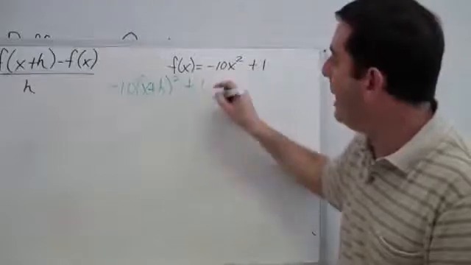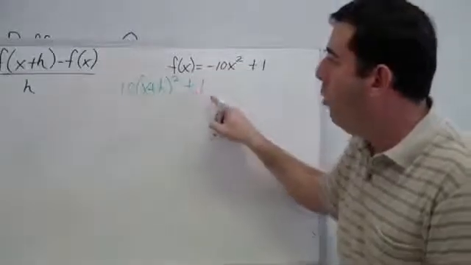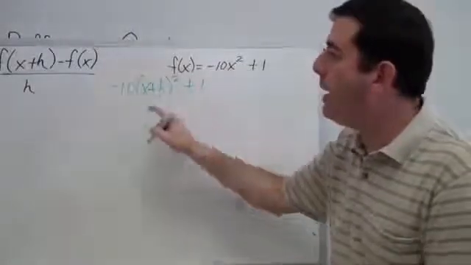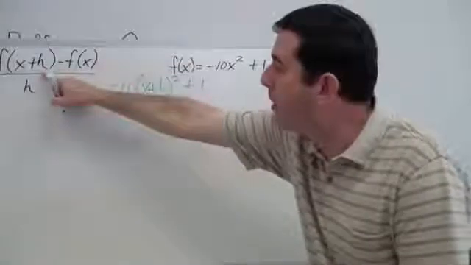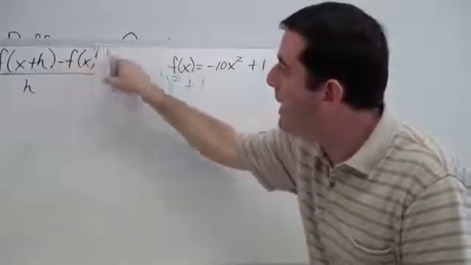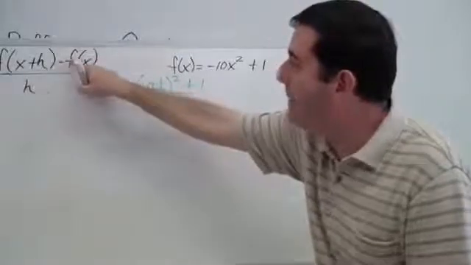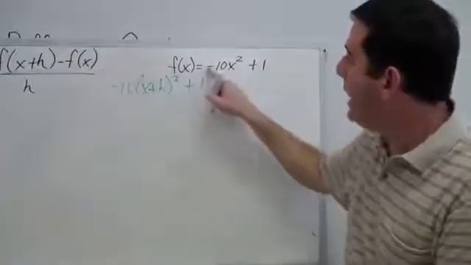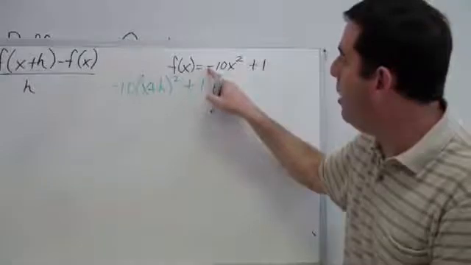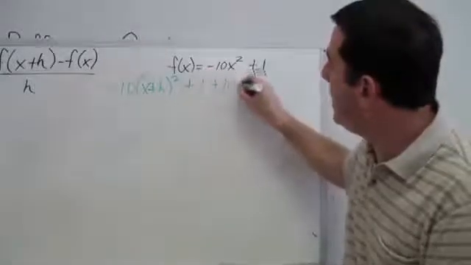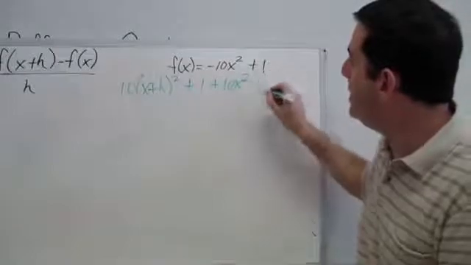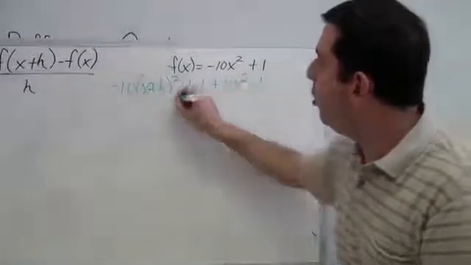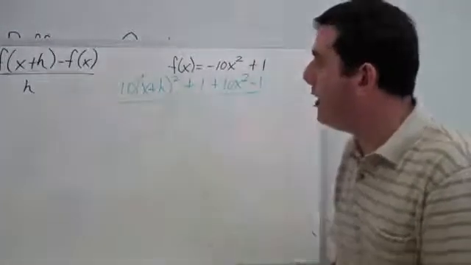Then back on the back is the plus 1. What I've written so far is just the first part of the top of our formula. Now it says minus f of x, the opposite of f of x. What's opposite of minus 10x squared? It's plus 10x squared. What's opposite of positive 1? It's negative 1. All of this should be over h.